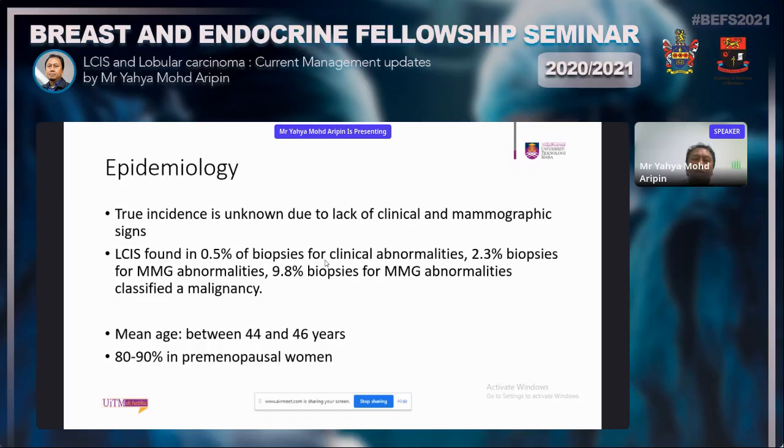Whereas for biopsies done for mammogram abnormalities classified as malignancy, we can find 9.8% of these biopsies have LCIS. The mean age for LCIS is between 44 and 46 years, and the majority of the patients are premenopausal women.